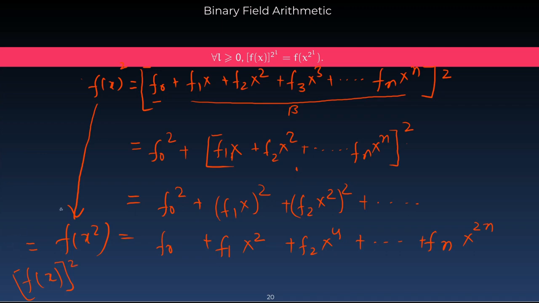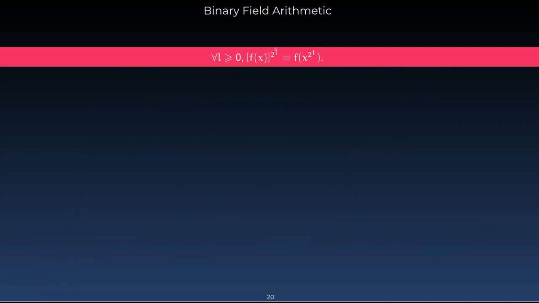This is a very important result in the binary field, and we use it very often. For example, if I have to multiply x cube plus x plus 1 with x plus 1, I can simply write it as x cube times x plus 1, and then we have x plus 1 whole square.